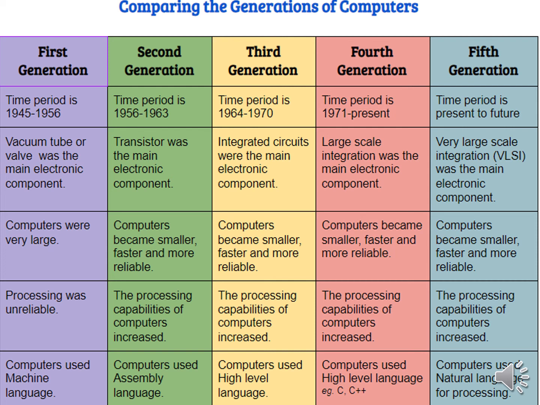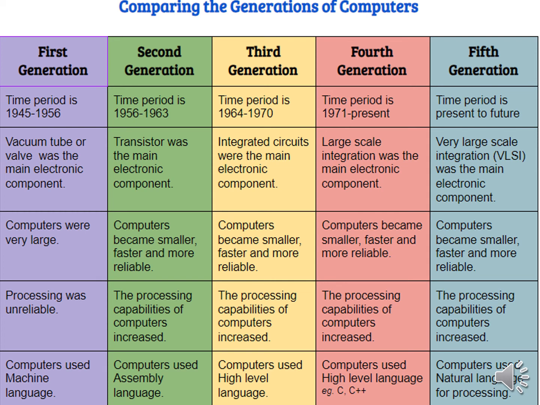The main electronic component was large-scale integration. So they still use integrated circuits, but on a larger scale. The processing capabilities of computers in the fourth generation also increased, and computers back then used high-level languages such as C and C++.